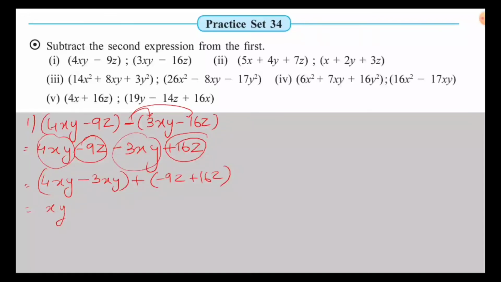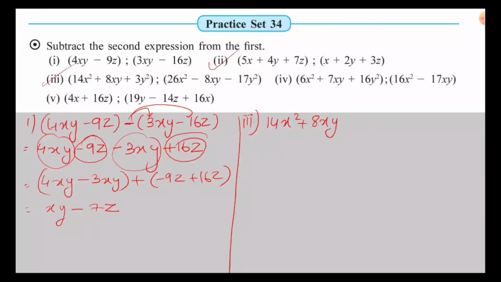Minus 9 plus 16 will be minus 7. Okay, plus minus again will be minus 7z. This is the final answer. Okay, so this is how you will be solving the questions. Now let's see, the second sum is easy. Okay, third sum I'll be doing for you, and everything else will be your homework.